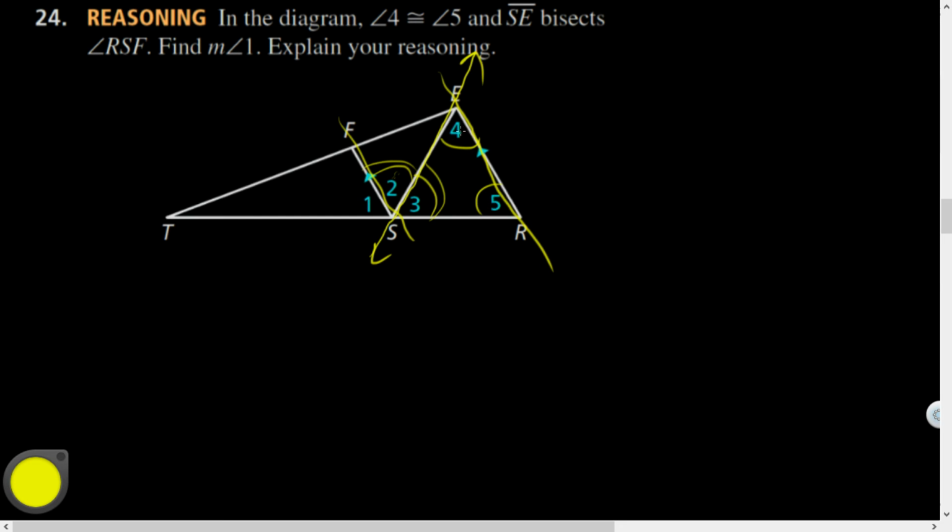How? Alternate interior angles theorem. Angle 2 is congruent to 4. And that means these are congruent as well by transitivity. So right now, all 4 of these are congruent. What's angle 1's story?